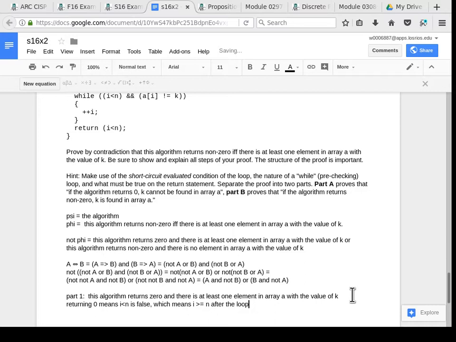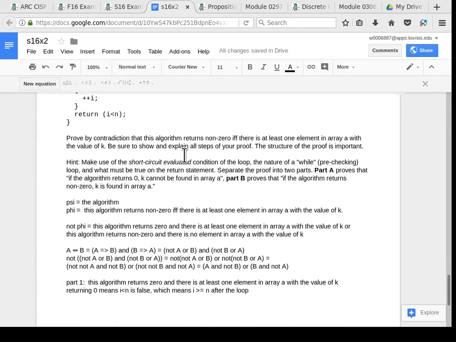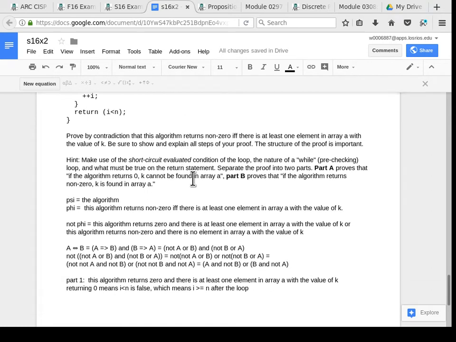So if I is greater than or equal to n after the loop, that is the reason why we got out of the loop. Because when I is less than n, we do not get out of the loop. The other reason why we can get out of the loop is when A bracket I does equal K. So those are the two reasons why we can get out of the loop.